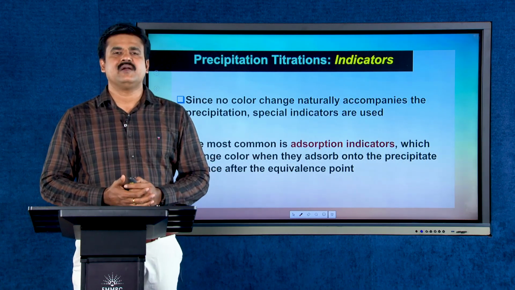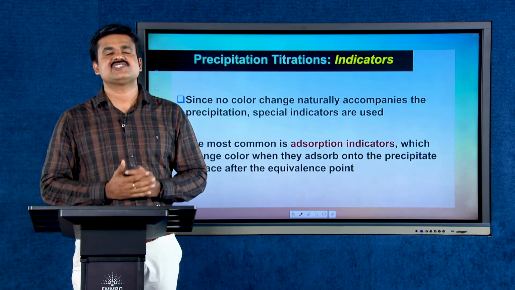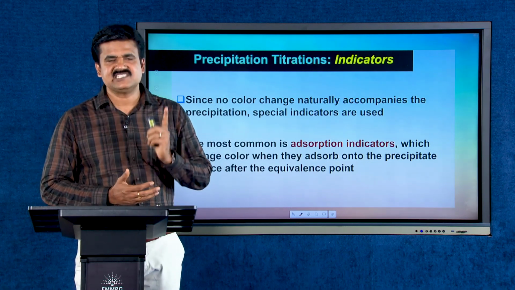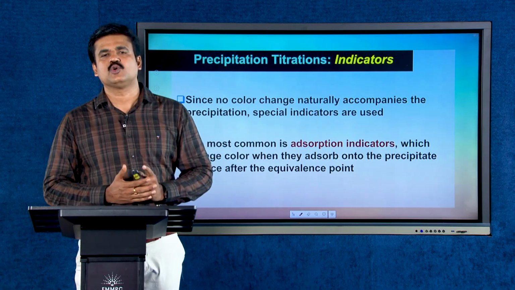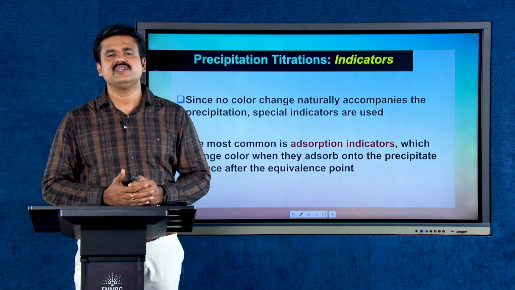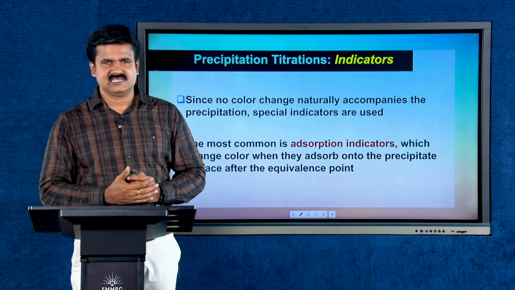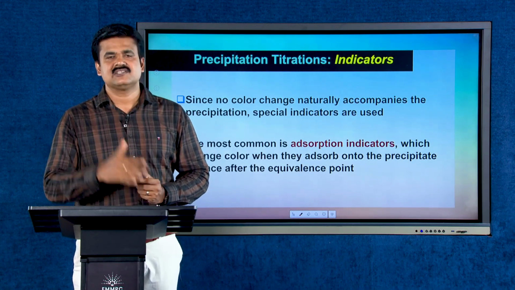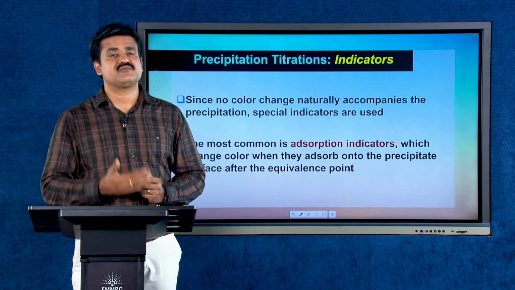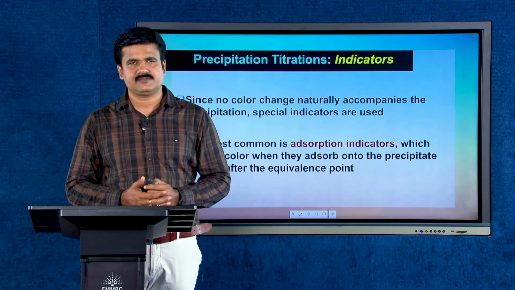The most common category of indicators used in precipitation titration are adsorption indicators, which change color when they adsorb onto the precipitate surface after the equivalence point or end point. That is, similar to other types of indicators, adsorption indicators show a color change during their adsorption onto the surface of a precipitate after the end point, or theoretically the equivalence point.